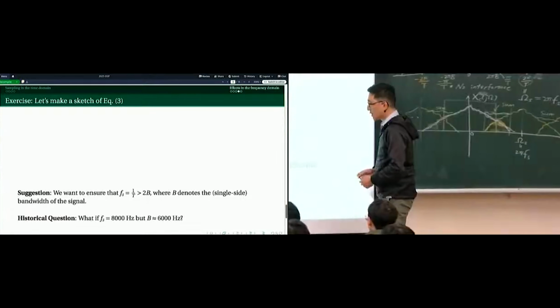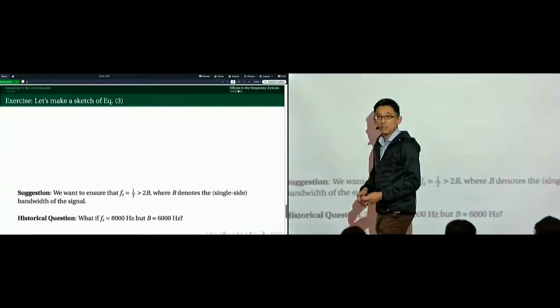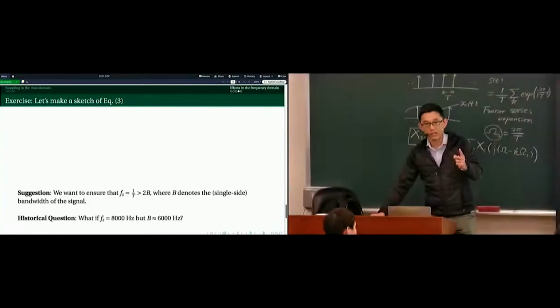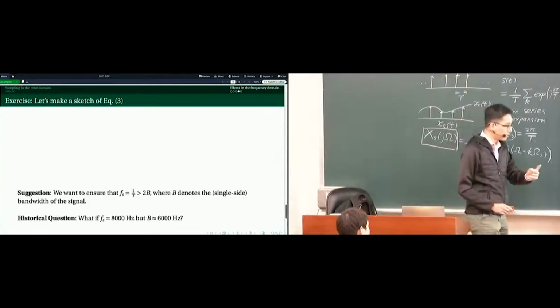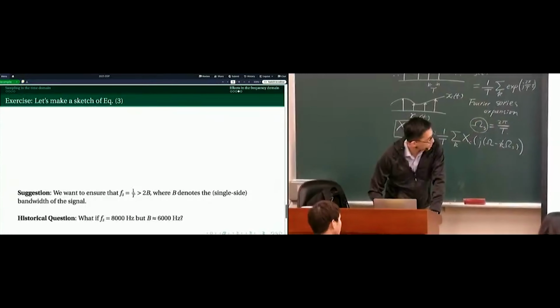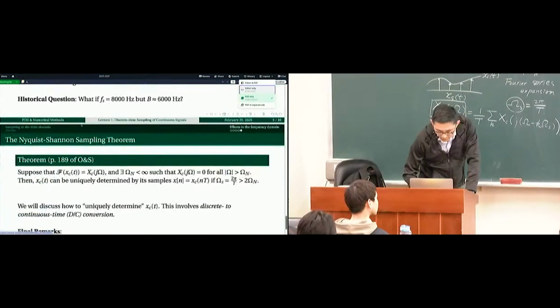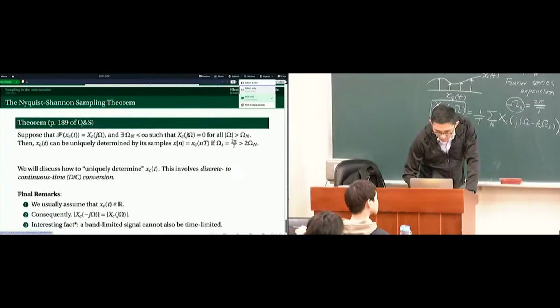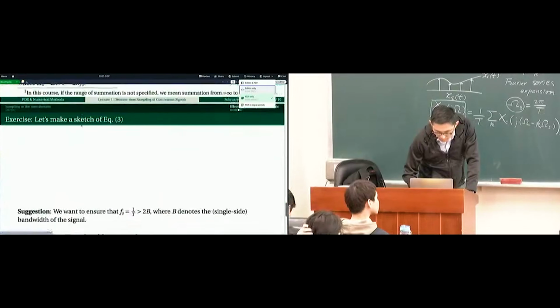People just compromised. They said we just low pass the signal. Still, we hate aliasing, right? They hated aliasing. We still hate aliasing. But the historical solution is to apply an anti-aliasing filter even before we start digital signal processing.